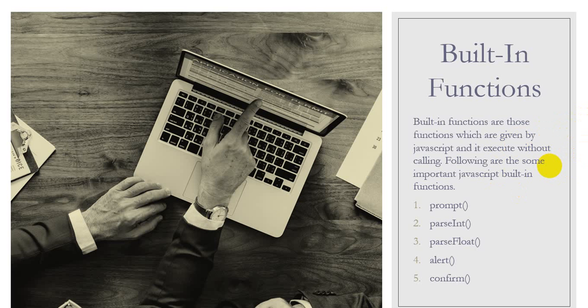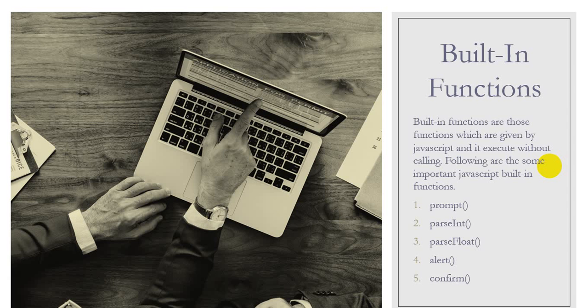In our previous lectures we have seen addition of two numbers. In that case we have to declare two numbers, and then assign some value also. But prompt provides a runtime interface in which the user can enter some value, some number, from the keyboard.